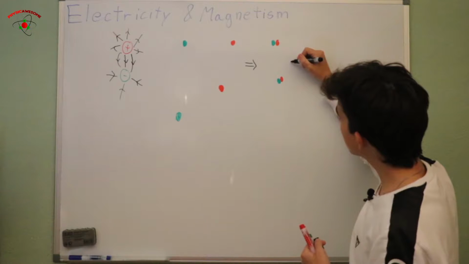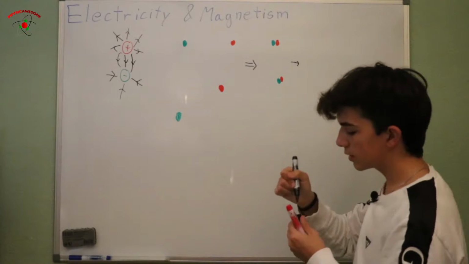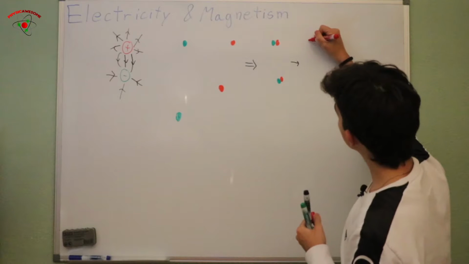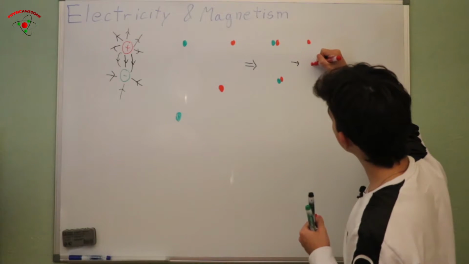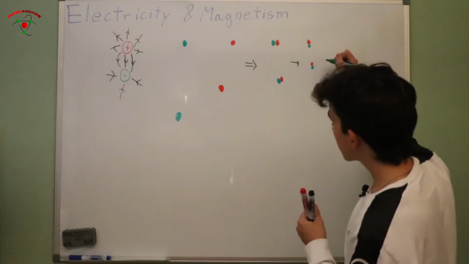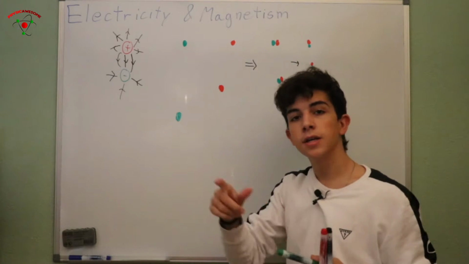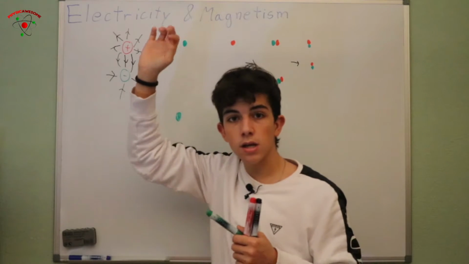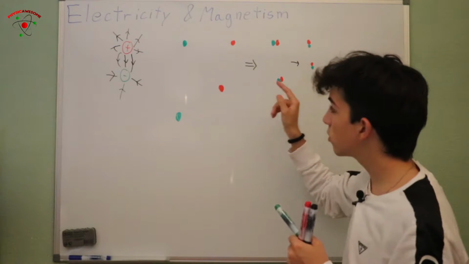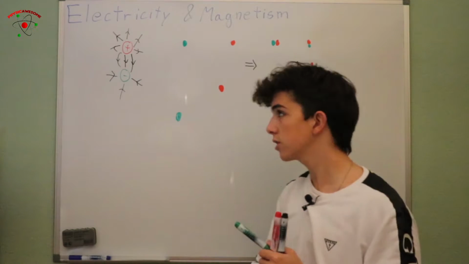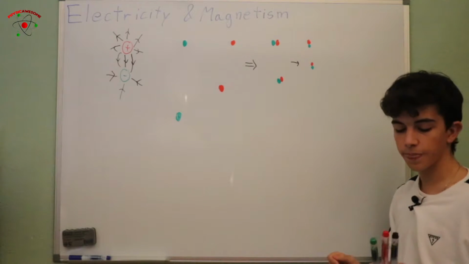Then, much more slowly, these dipoles will tend to align to each other. So we'll have a positive here, and a negative here, and a negative here. What is really happening is that the lines going up into space from this dipole are being received by the lines that come to the negative charge of this dipole.